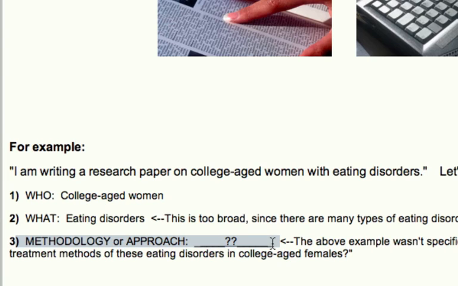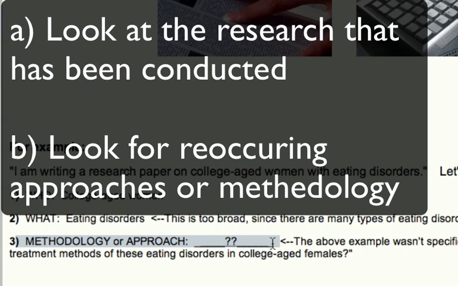So you might start seeing that in the last 5 or 6 years, dozens of articles have been written on cognitive behavioral treatment therapy for this issue. Well, then, that can sort of become your concept number three. So another way of what I'm saying is sometimes you have to let the research guide where you want to go with your topic.